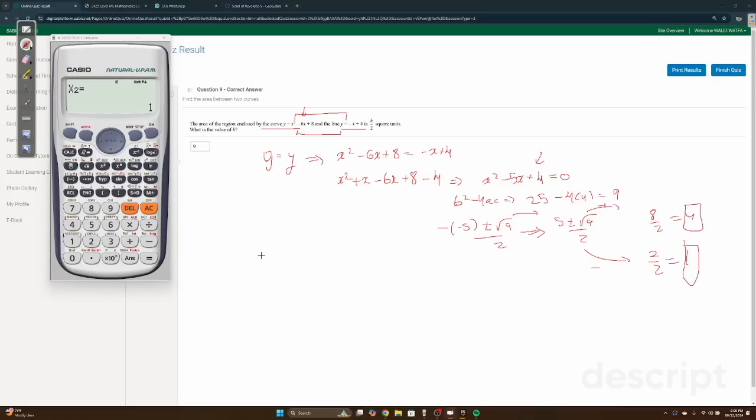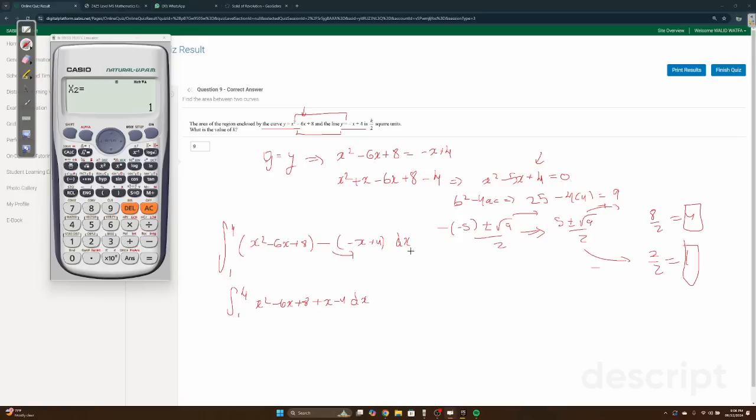So now that you have your bounds, you can actually integrate. Integral from 1 to 4. Remember, you start with your first curve, subtract the second curve, dx. Distribute. So it's going to be integral 1 to 4, x squared minus 6x plus 8 plus x minus 4 dx.